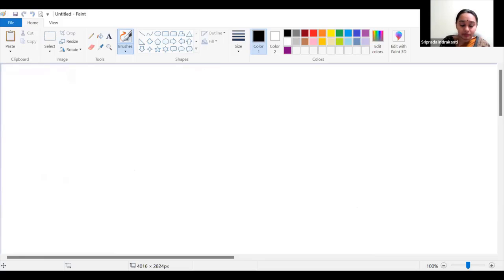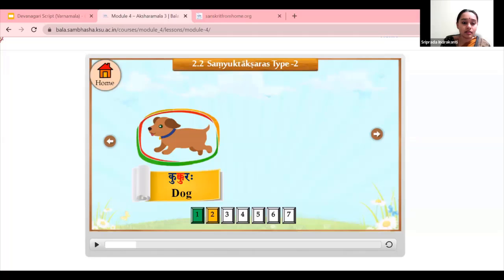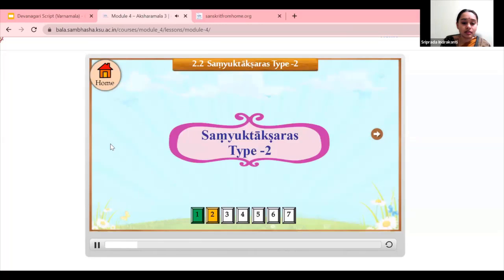Type 2. In some cases, the first consonant is written full and the second consonant is written below it.